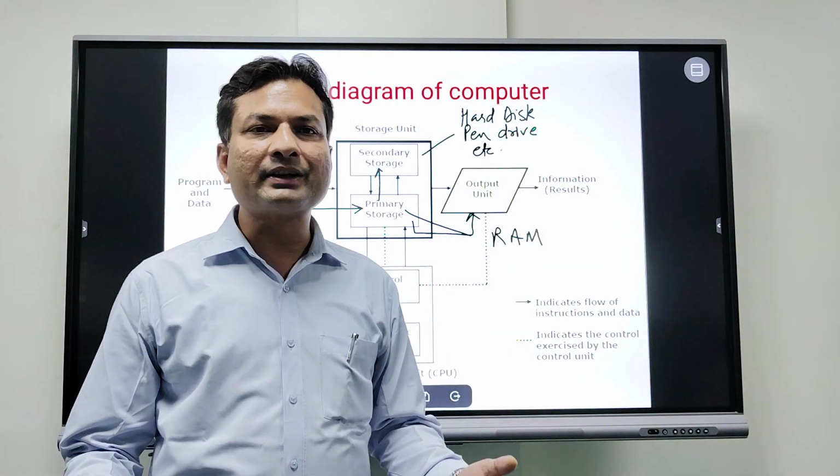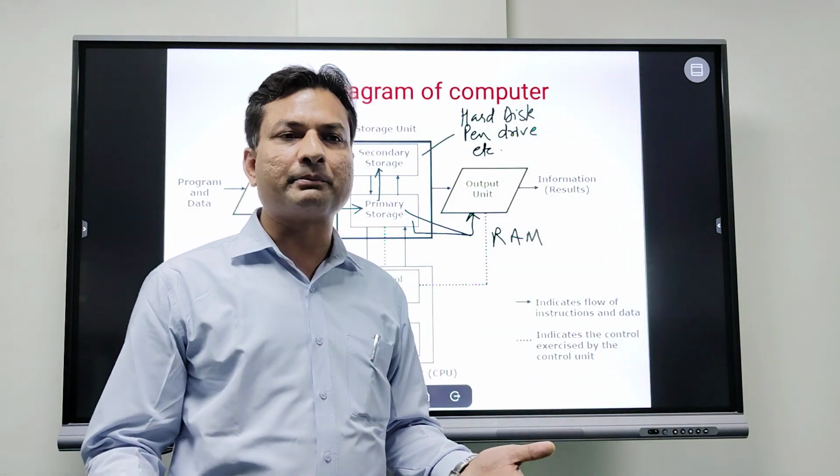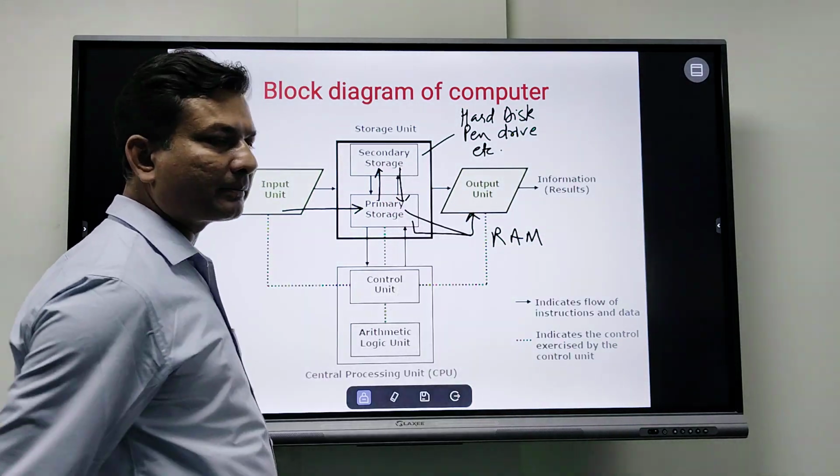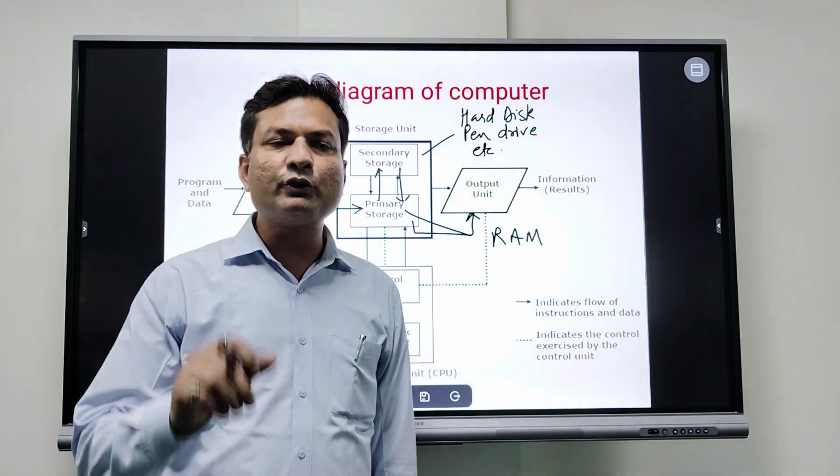If the user wants to save that data permanently inside the computer system, they save it to secondary storage. And when we want to use that stored data, we can also retrieve that data from secondary to primary.